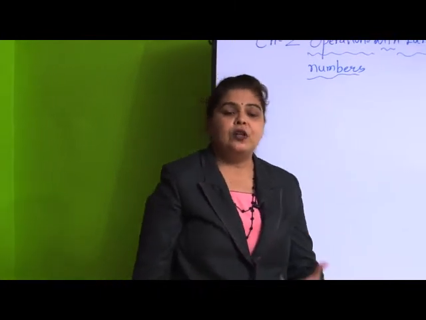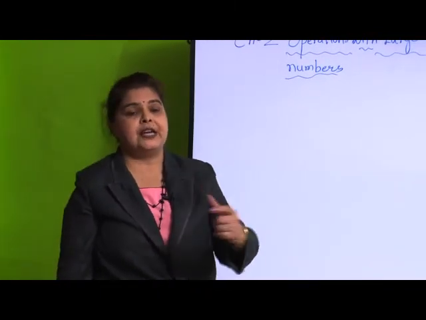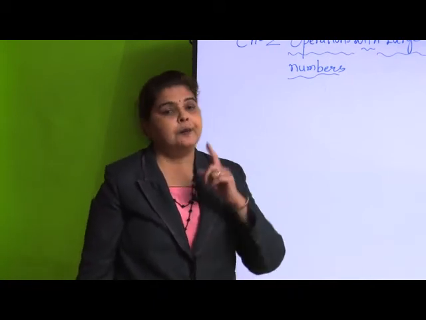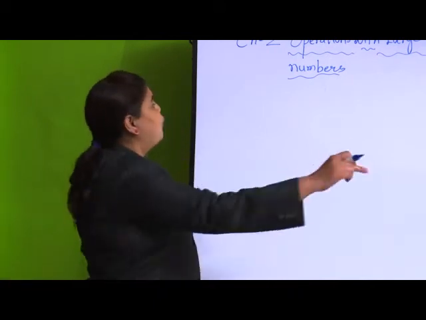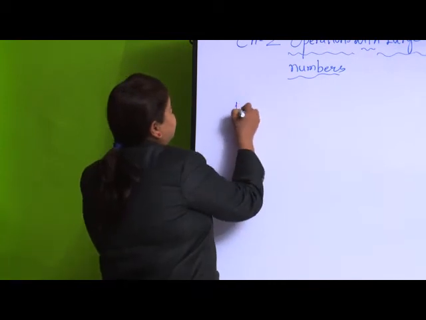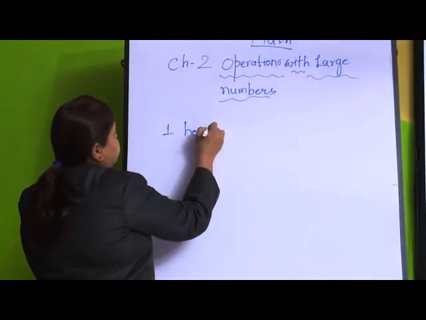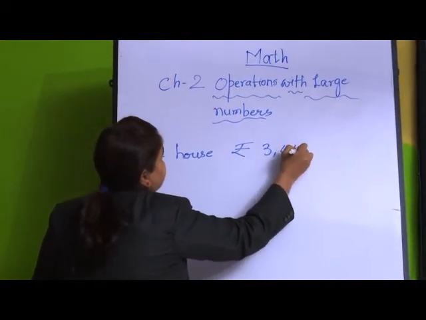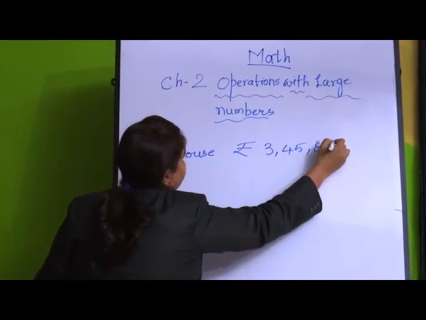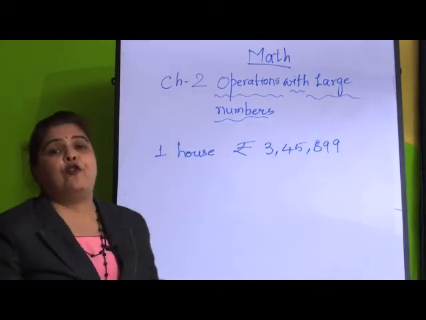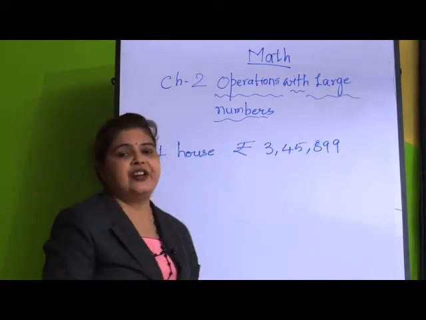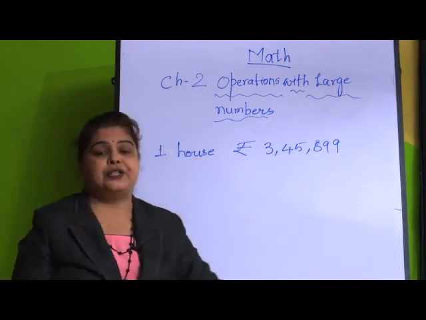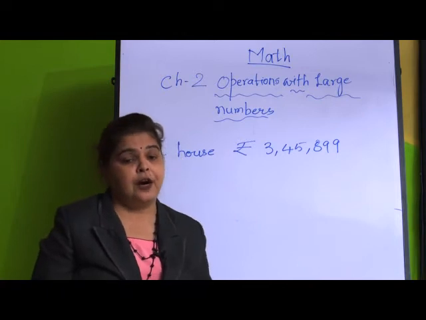Rahul's father purchased a house for rupees 3,45,899. This is the first house purchased by Rahul's father.